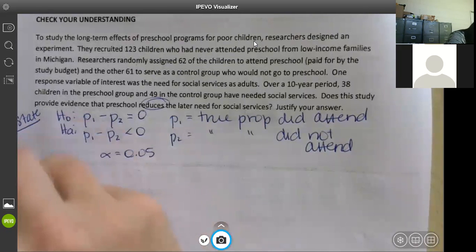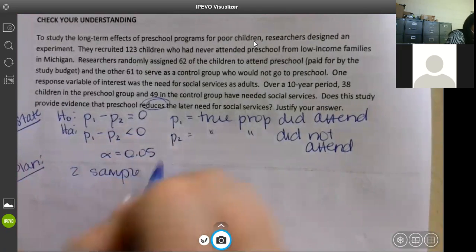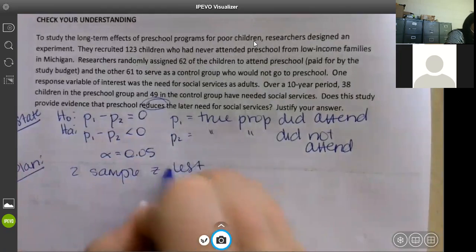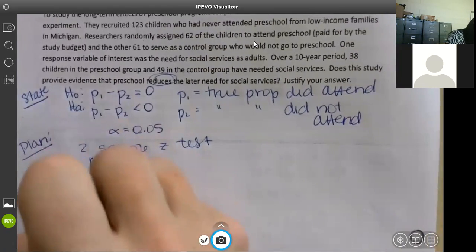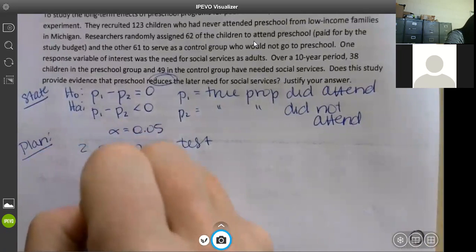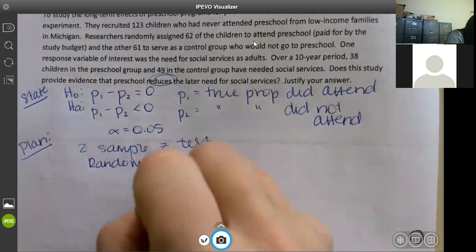All right, plan. Two sample Z test. Okay. What else? Say your first one is random. Yes, it's a randomized experiment.